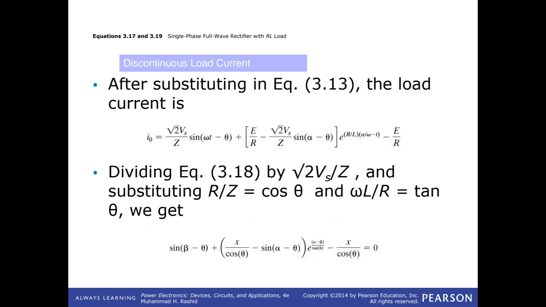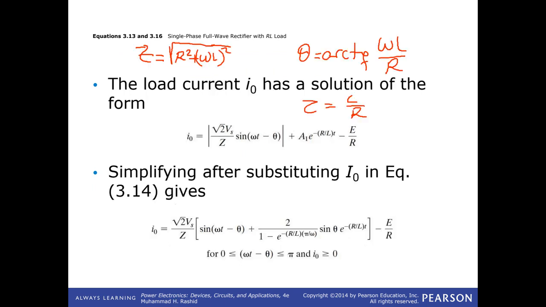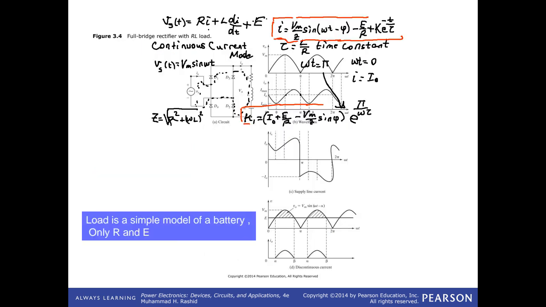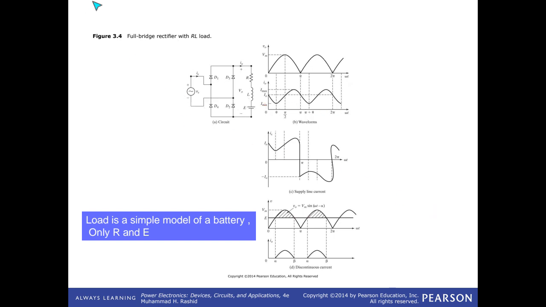Okay, so for continuous current mode, that kind of waveform we get. Artık şey yapıyorum bunu, siliyorum, çünkü dalga şekillerine bakacağız. Biraz da büyütüyorum. We have that kind of waveform. It's a continuous current mode.